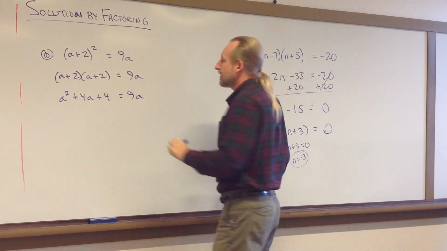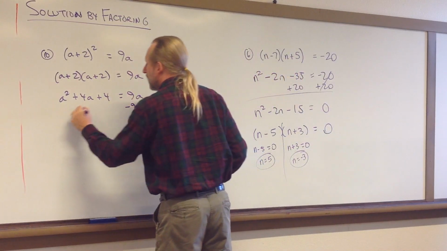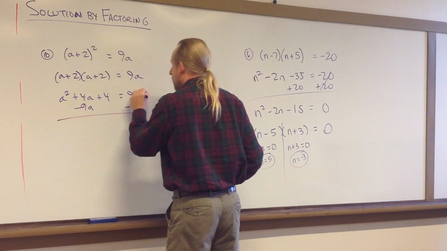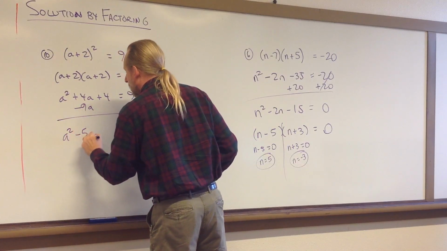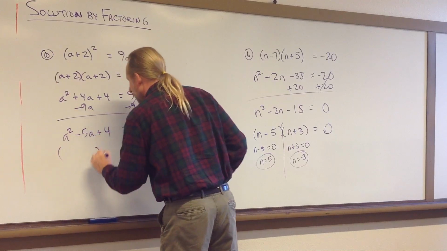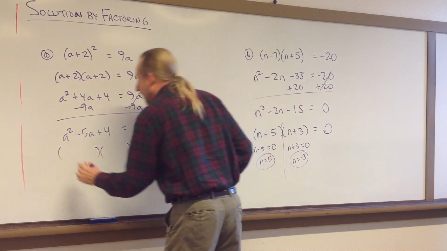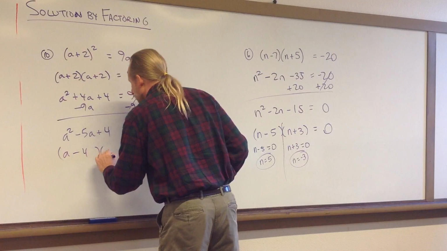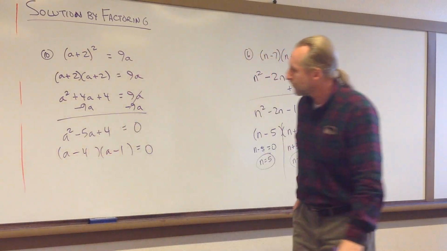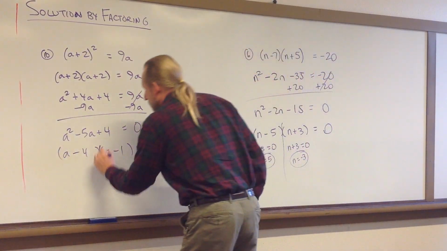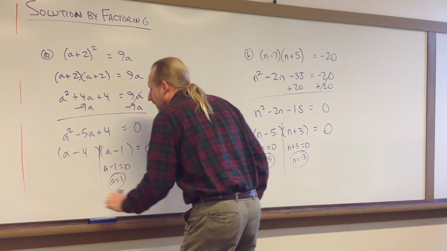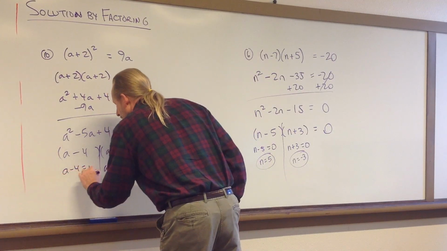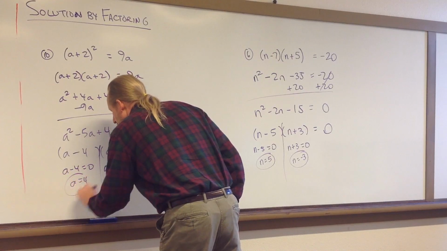Now let's push everything over to one side. Move this over here. A squared minus 5a plus 4. And now we can factor this. A minus 4 times a minus 1. And so that says a minus 1 equals 0, so a could be 1. A minus 4 equals 0, so a could be 4.